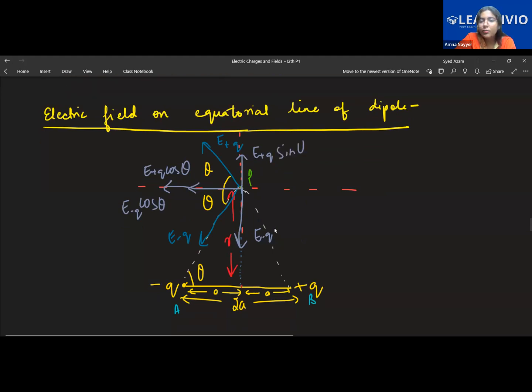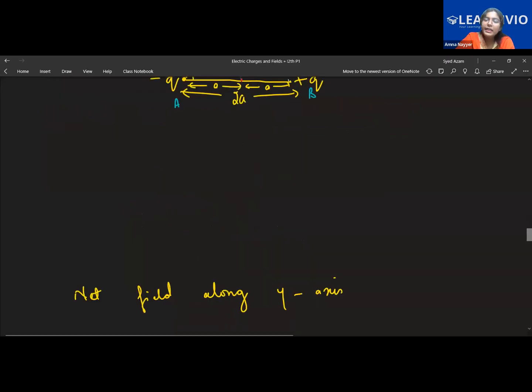So sine components are along the y-axis. Yeah, two vectors, correct. And here also two vectors are there. But look, these are in the same direction and these are in the opposite direction. So what will happen when you calculate the net electric field due to y-axis, and you will calculate the net electric field due to x-axis separately, okay?